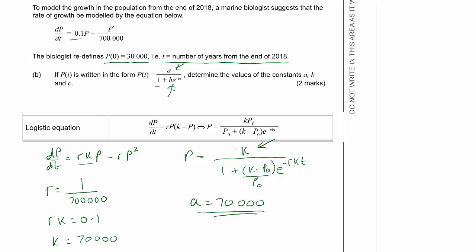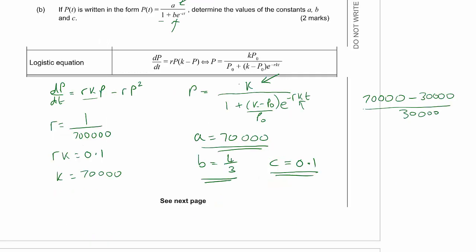Now B is going to be this, (k take away P naught) over P naught. Well, our k value is 70,000, P naught we know is 30,000, over 30,000. So that's 40,000 over 30,000. B is going to be 4 over 3. And in here we've got rk, we know is 0.1. So that's the C. So C is 0.1.